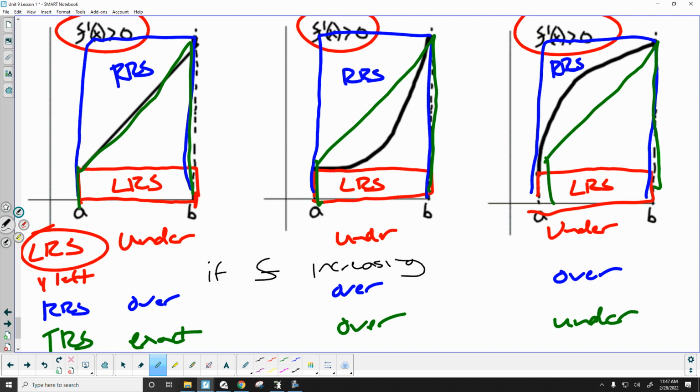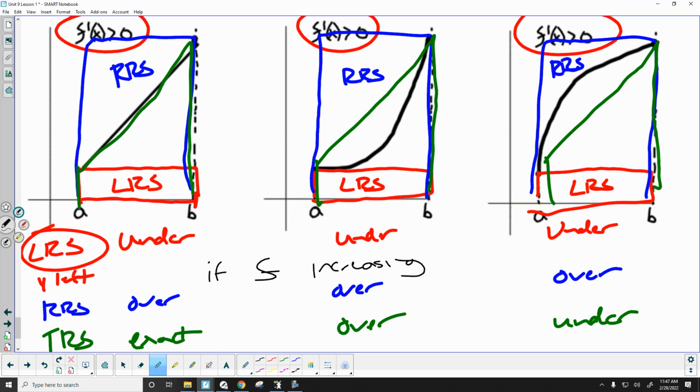That's your explanation. You might be asked to justify why is it over or under. You would say left Riemann sum's an under because my function's increasing. You don't have to go anything further than that. Function's increasing, you don't even mention concavity because the concavity does not matter.